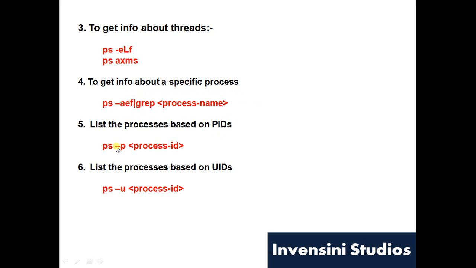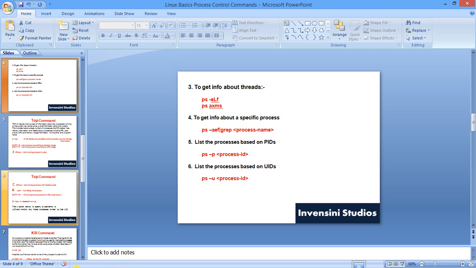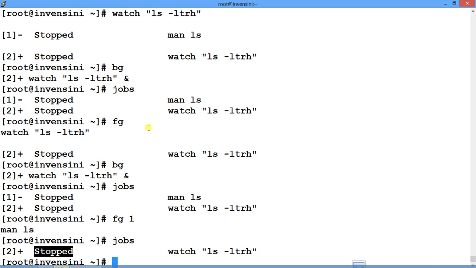Similarly, if you know the process ID, you say ps -p along with the process ID. Similarly, if you just know the user ID, you say ps -u and the user ID. Okay, that's a typo. Okay, let's go to the practical session, and we'll see some handy practicals that will enhance our knowledge.